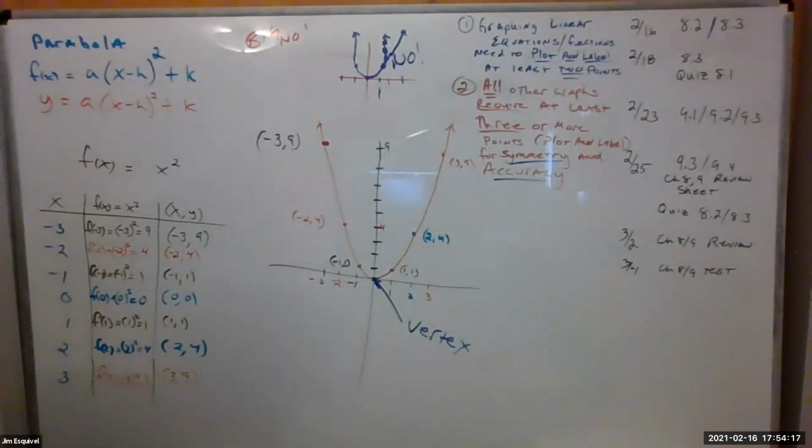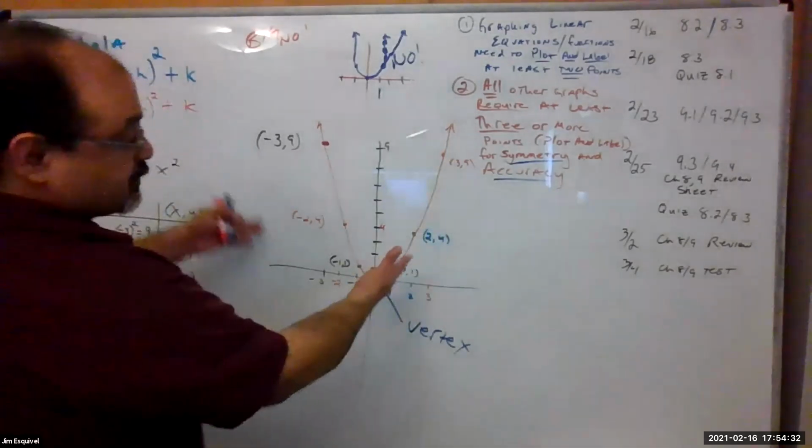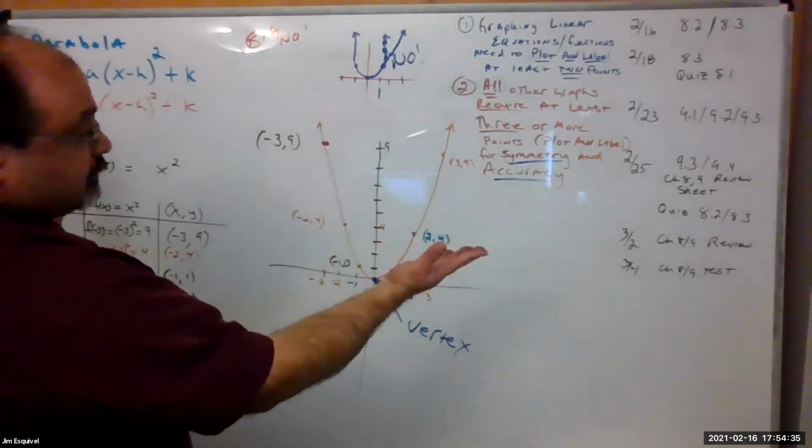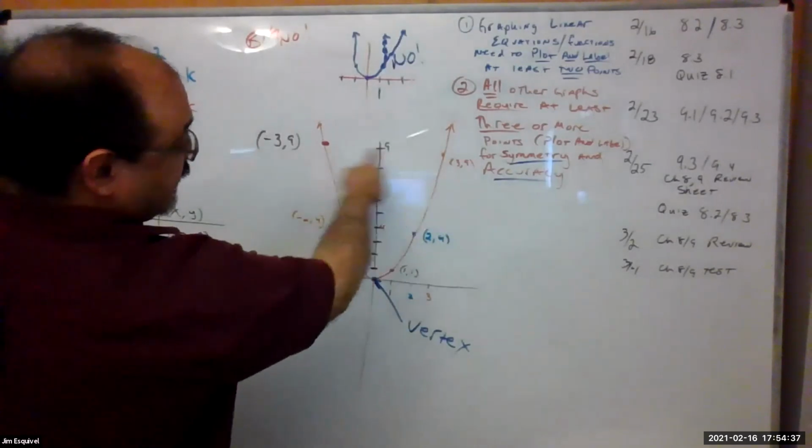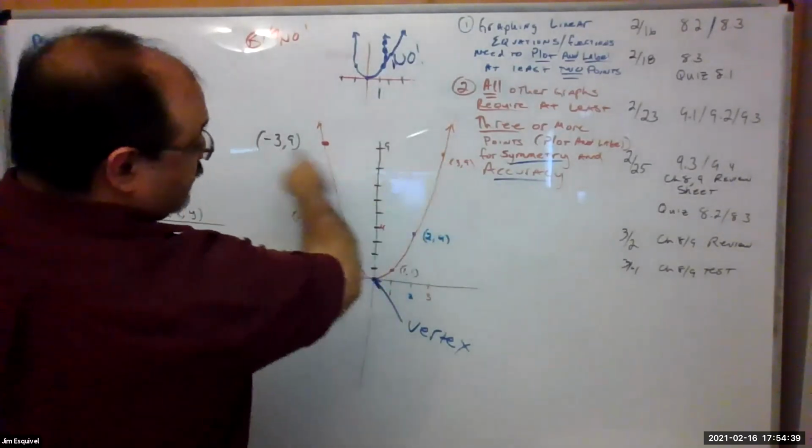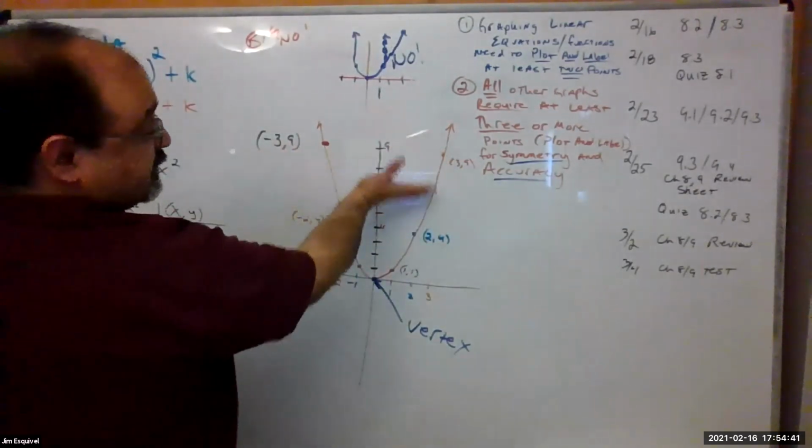So that's the vertex. We'll explain more importantly what that means in a second. Okay, so there's our parabola. Obviously, if this was a test question, quiz question, you wouldn't be able technically to plot the 3 and the 9, -3, 9, because that would be bigger than 7.